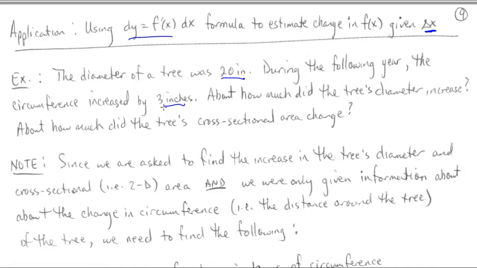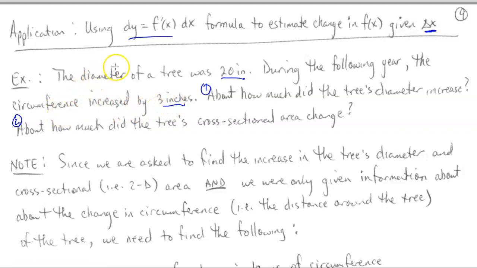Okay. So the first question that we have here is about how much did the tree's diameter increase? Okay. The second question is by how much did the tree's cross-sectional area change? Okay. So we have two different questions here. Notice that from this first question about how much did the tree's diameter increase, what we know actually changed is the circumference, okay?